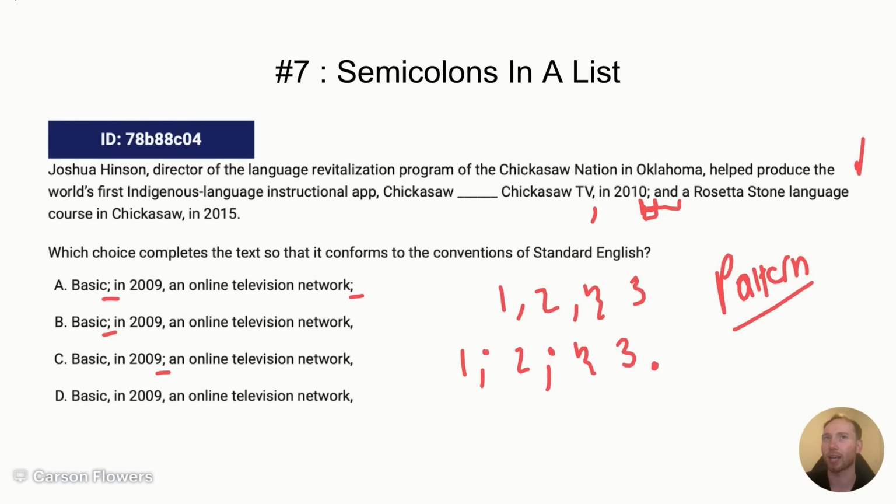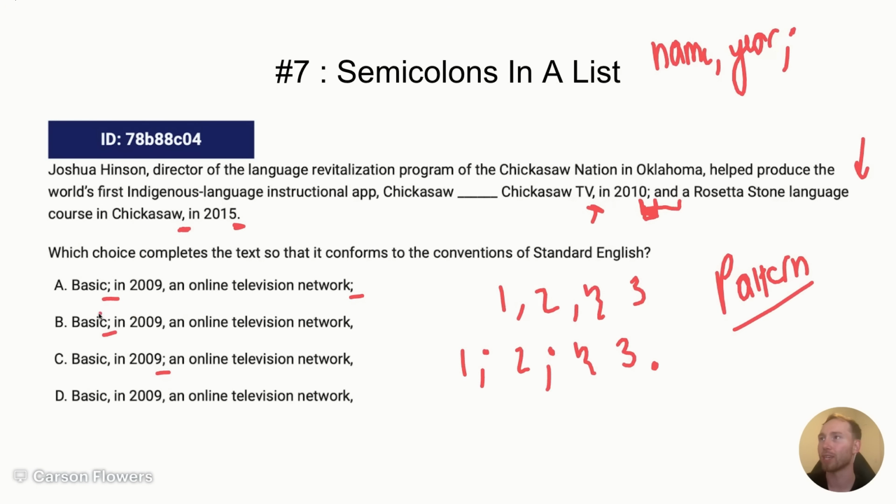Then I took a look at this last item in the list, a Rosetta Stone language course in Chickasaw, comma, year, period. So once again, it's following the same thing of having a comma and a period ending the item, and then a comma, year, semicolon ending the item. So the pattern here would actually be that it goes maybe like name, comma, year, semicolon. That's our pattern. So let's take a look at the answer choice that matches.